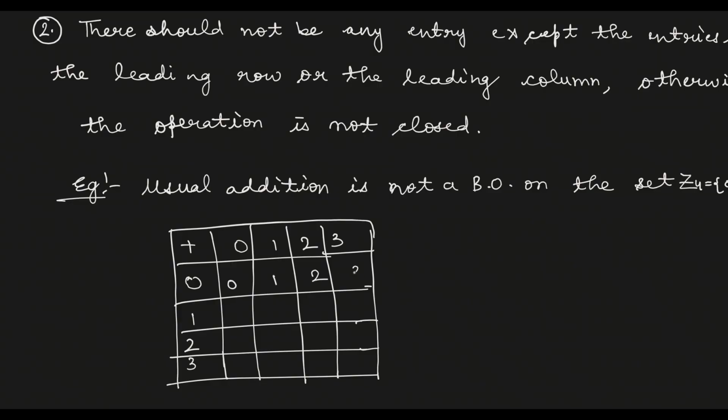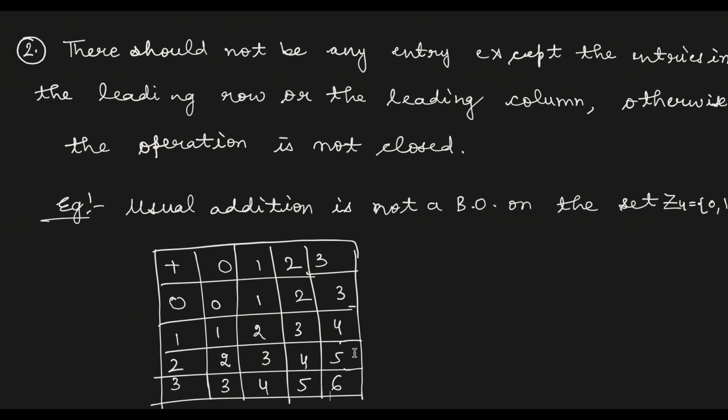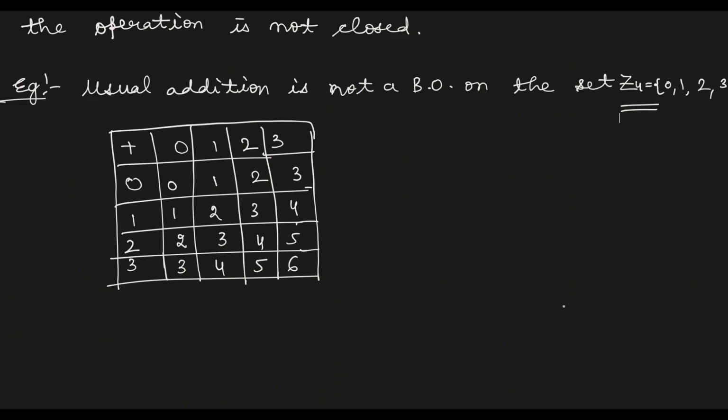Then 0, 1, 2, 3, 1, 2, 3, 4, 2, 3, 4, 5, 3, 4, 5, 6. Clearly, there are elements which do not belong to Z4. 4, 5, 6 do not belong to Z4.